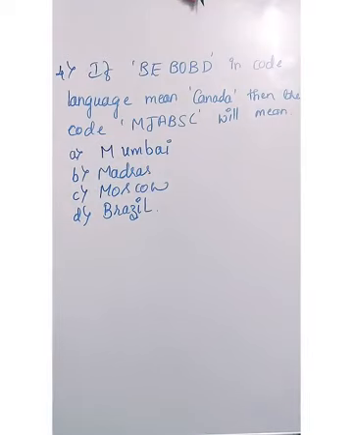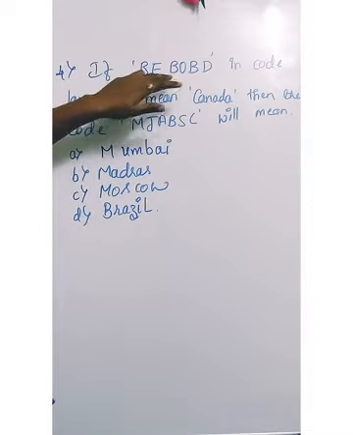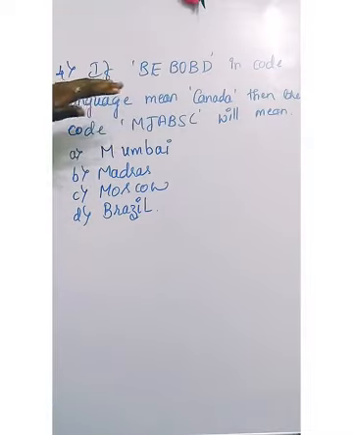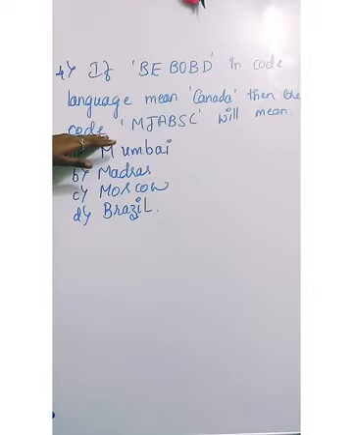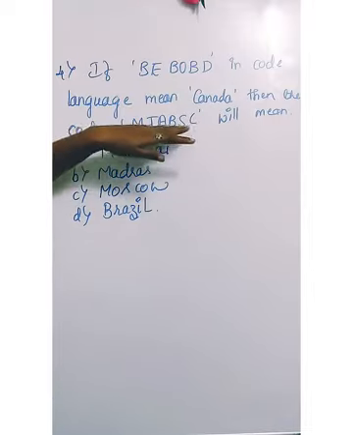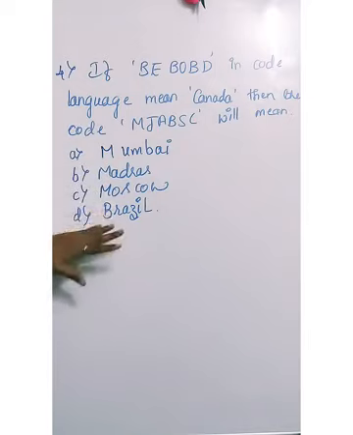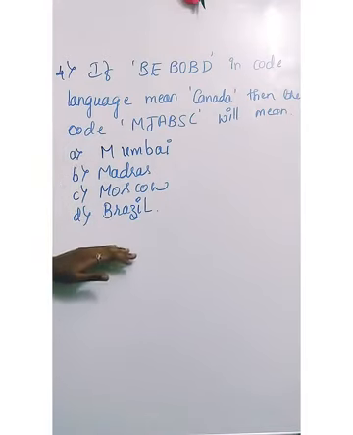This is the fourth question I'll give you. If BEBOBD is the code for Canada, then what will MJABAC mean? Do the coding as I have explained, solve this problem, and comment in the comment section.